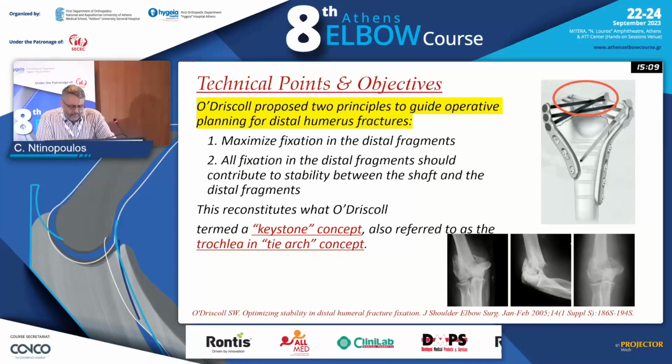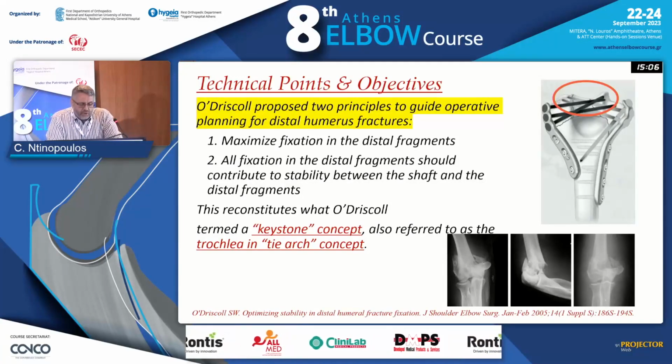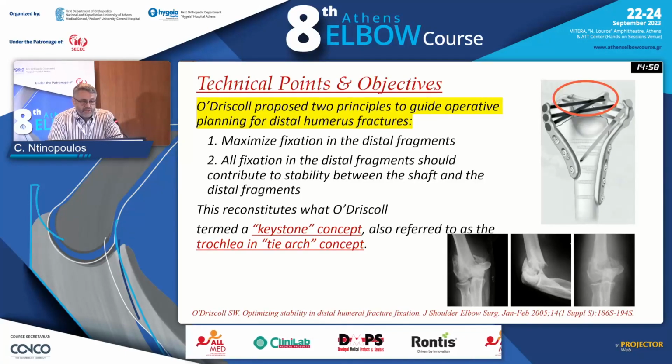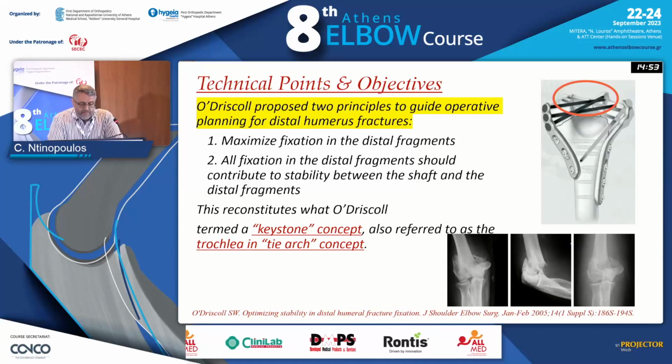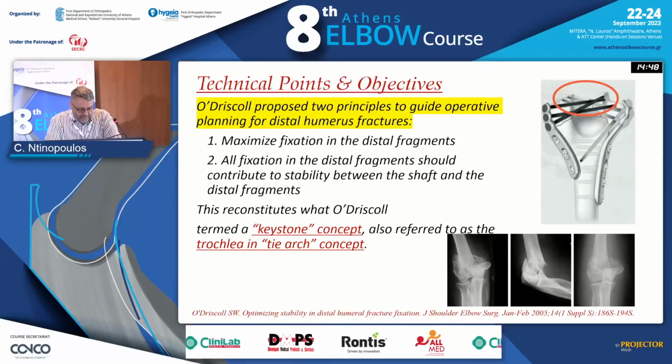Technical points and objectives. Again, with Driscoll's work, who proposed two principles not far away from the original AO principles: we have to maximize fixation and stability of the distal articular fragments, and then the whole fixation of the distal fragments should contribute to the stability and connect to the diaphyseal area of the shaft.